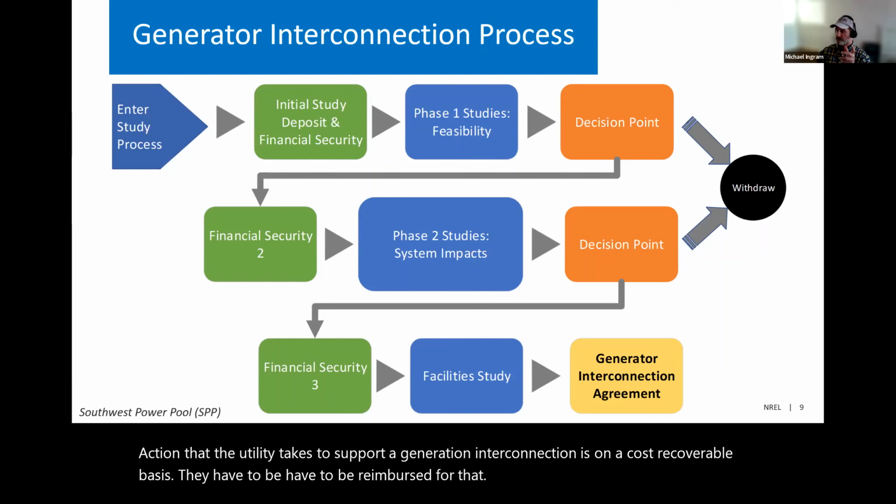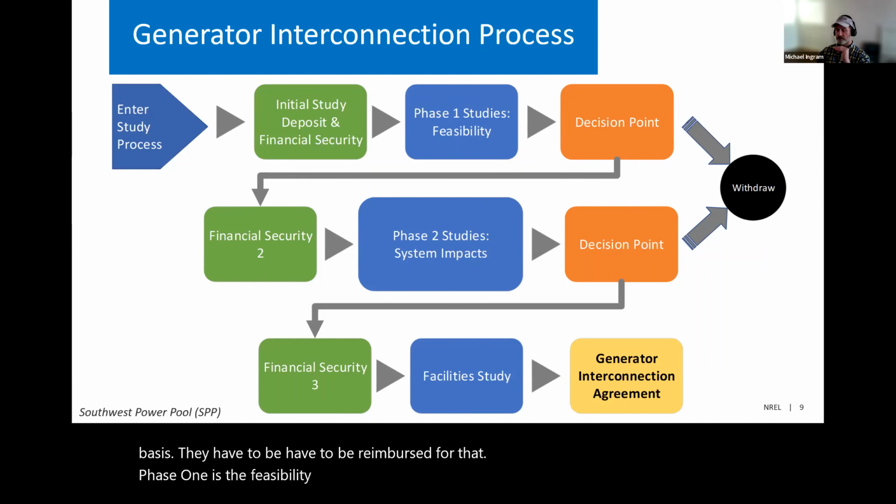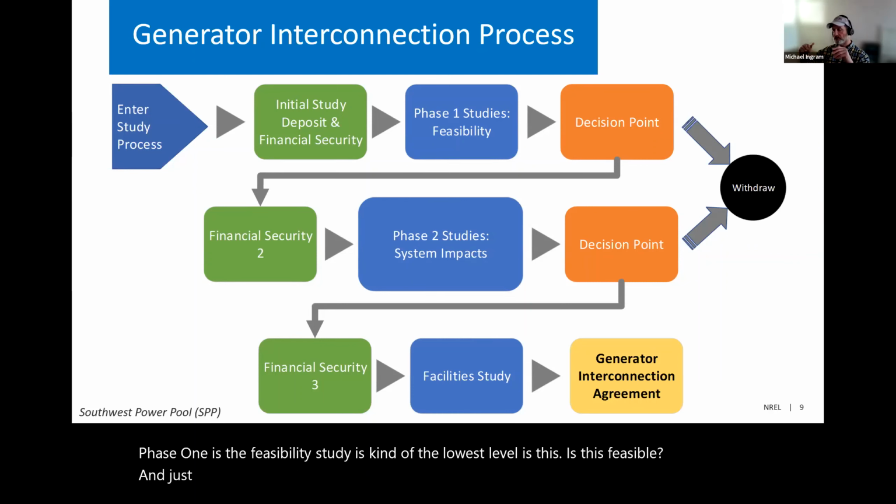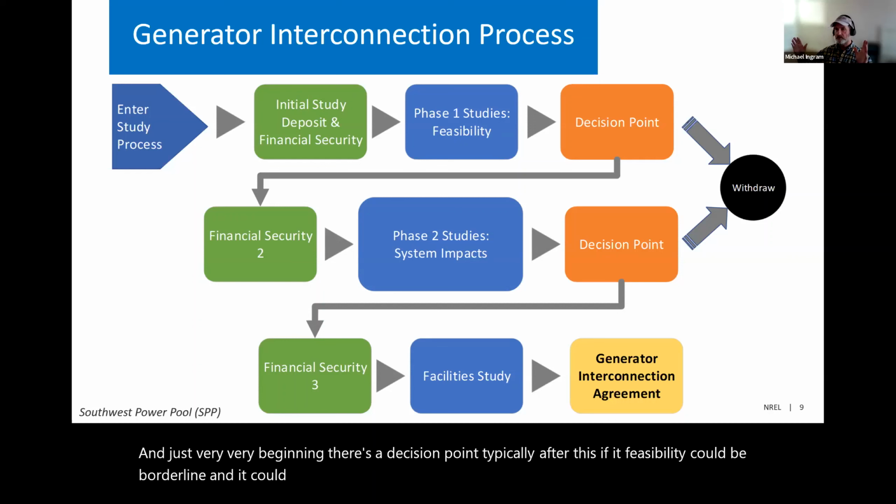Phase one is the feasibility study. It's kind of the lowest level. Is this feasible? And at the very beginning, there's a decision point. Typically after this, the feasibility could be borderline and it could infer an exceptional amount of cost associated with this interconnection, so there's an opportunity to withdraw.